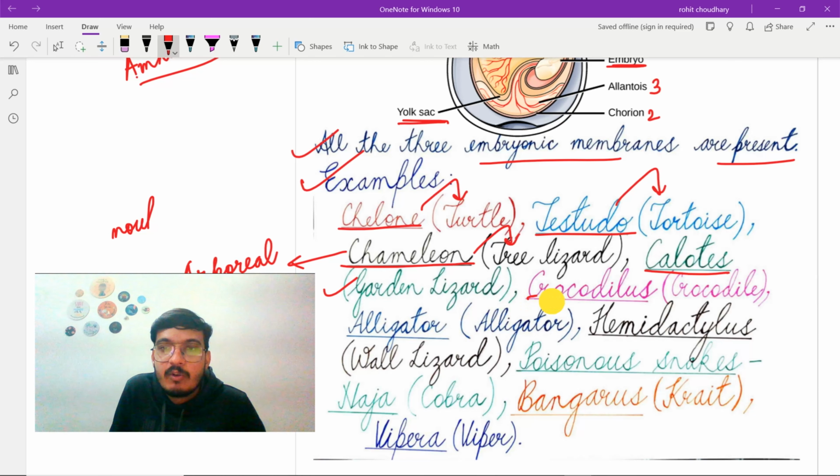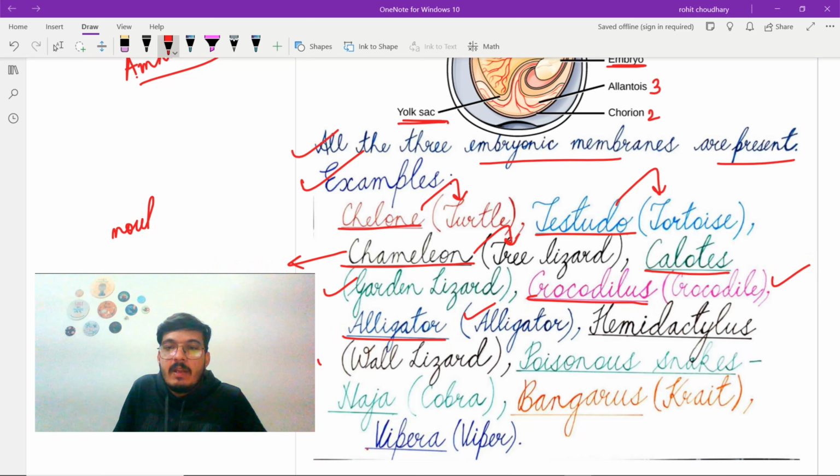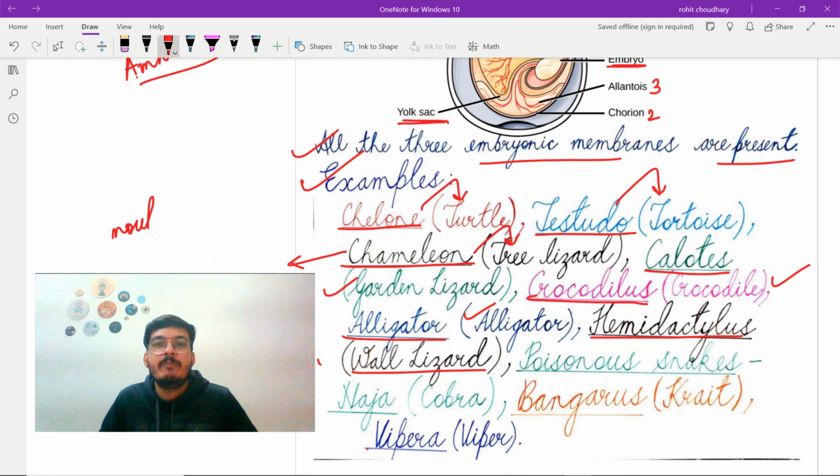Then comes Crocodilus, commonly known as crocodile, Alligator, commonly known as alligator, Hemidactylus, commonly known as wall lizard. It can walk upside down on the ceiling by creating vacuum. It breaks off its tail when attacked to confuse the animal and escapes. It can regenerate its lost tail.